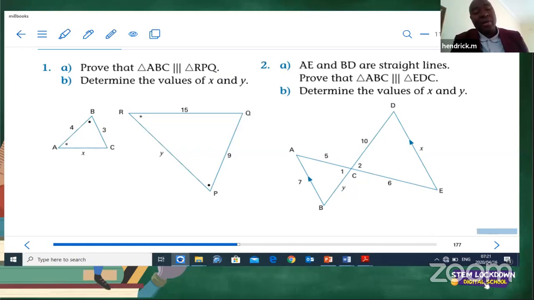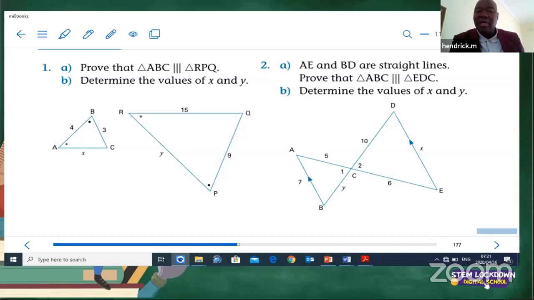Well, I agree with you, but remember, you cannot just do that by inspection. You need to give the reason. You can only make this conclusion once you have proved that triangle ABC is similar to triangle RPQ.